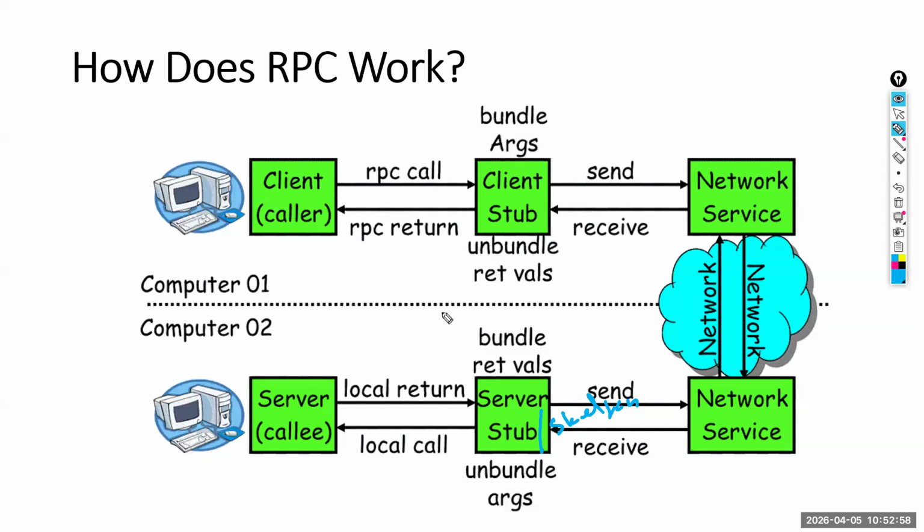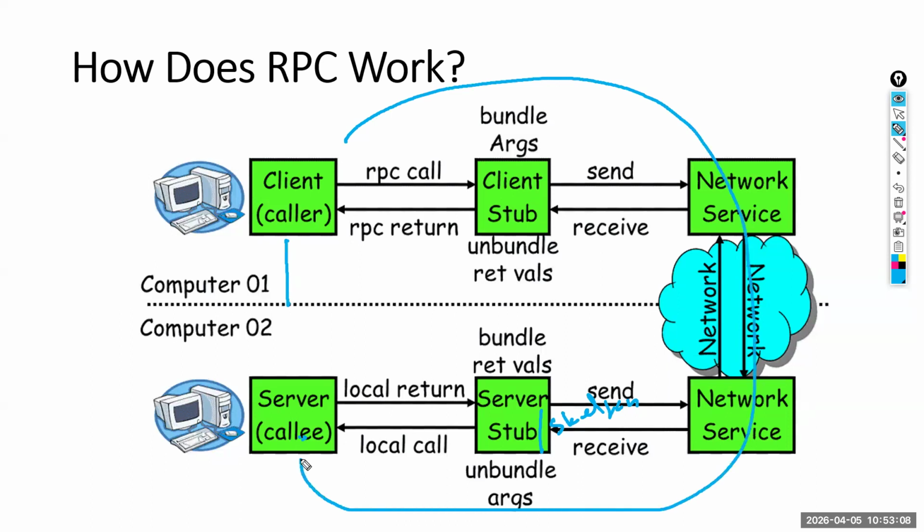If the client directly calls the server through the network, things are more complicated because it's a remote call. So to make it easy, we generate client stubs and server skeletons.